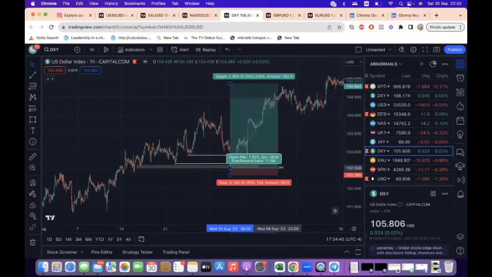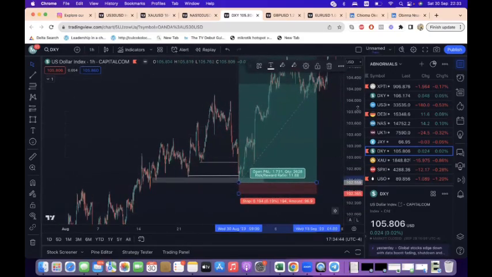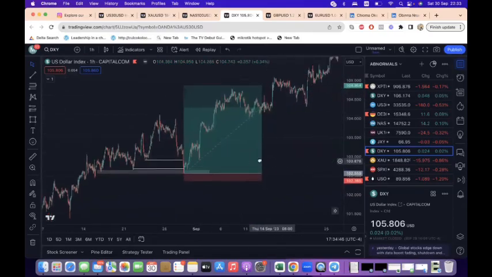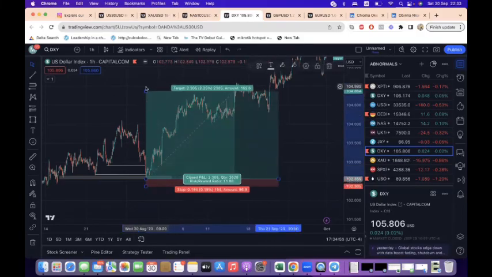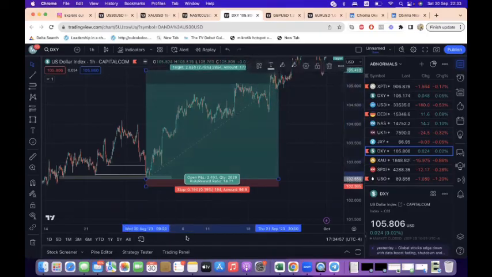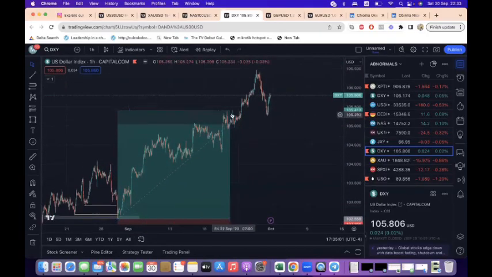See all them pips, so attractive to catch a lot of pips, so attractive to have a nice RR, risk to reward. Look at that beauty all the way. This is about a risk to reward ratio of 14 plus.